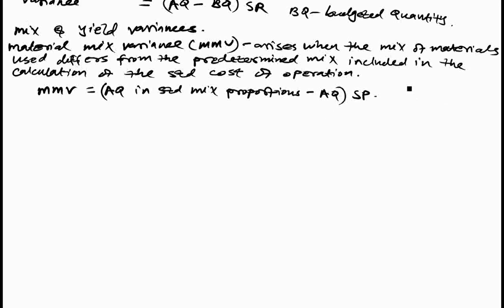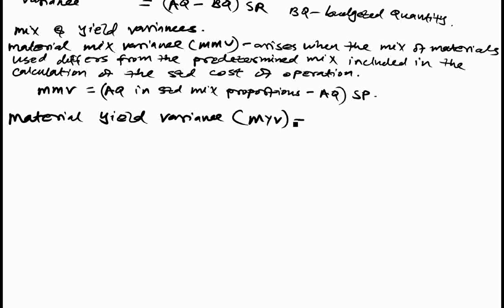Good. Next is material yield variance, abbreviated as MYV. So when does it arise?